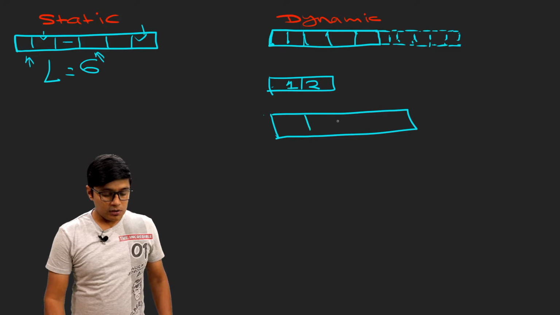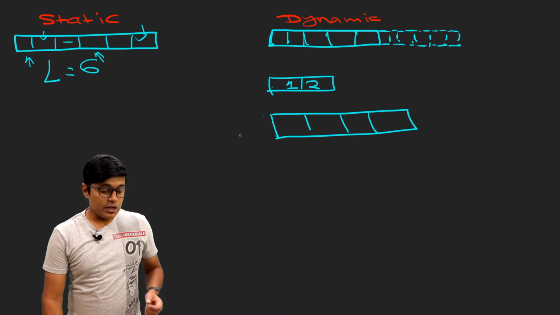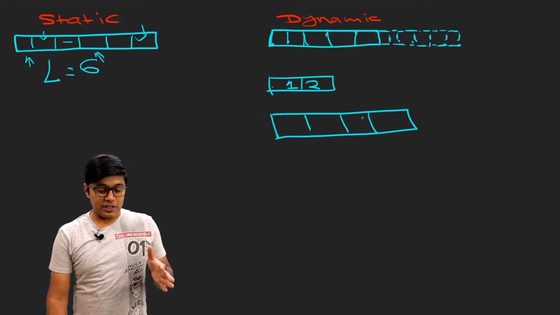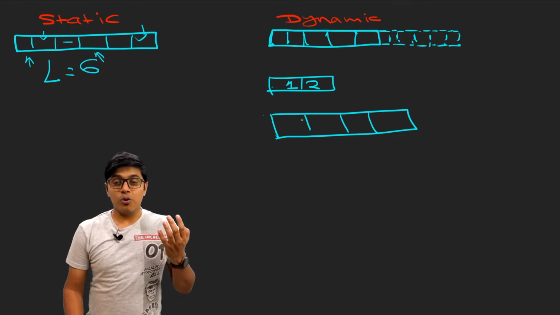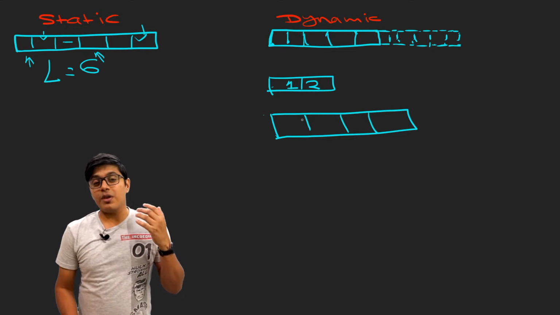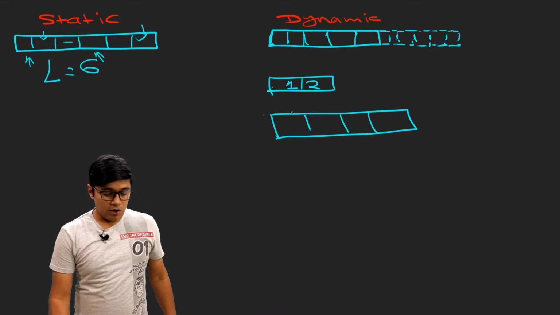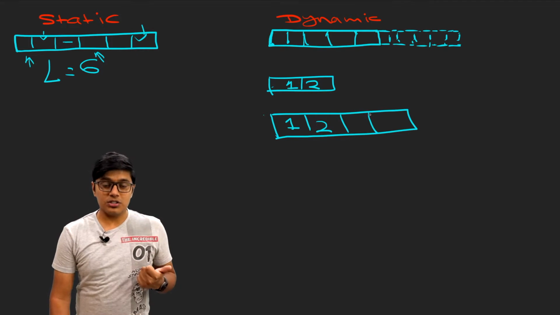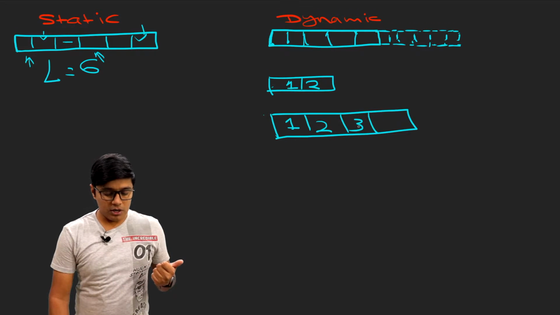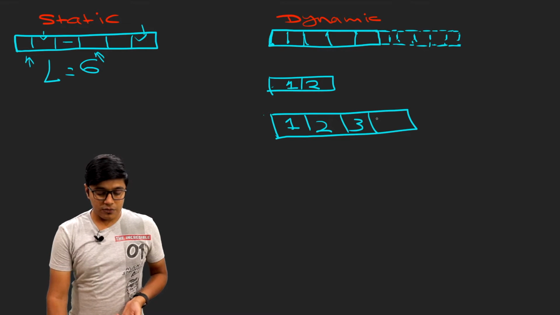Okay, so I'll just draw a line. So after it creates the array of length 4, it will copy all the data from the previous array to this array. So while copying, 1 will come here, 2 here, then your pushed data 3 will come here, then again you push the data 4.